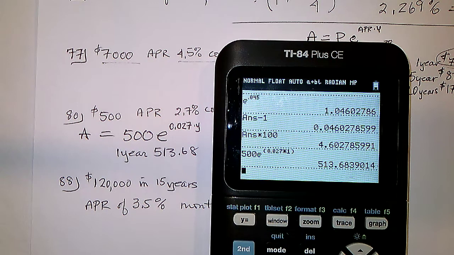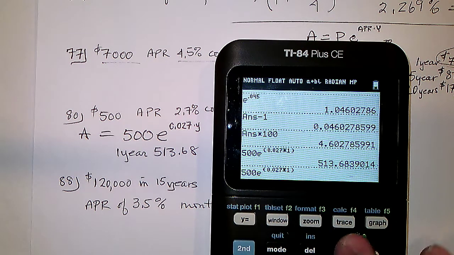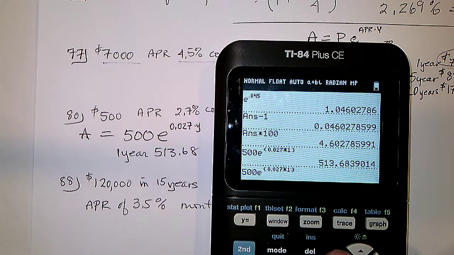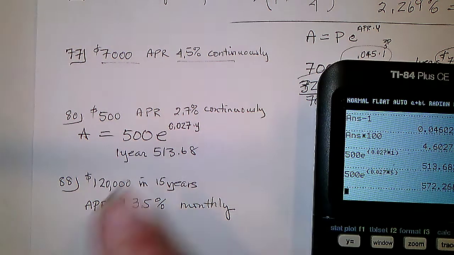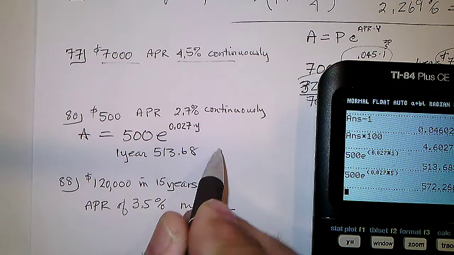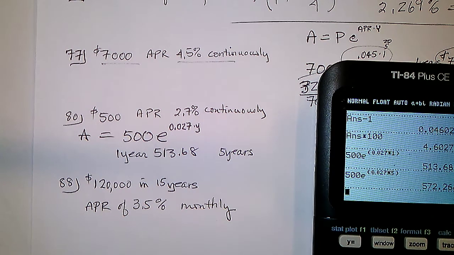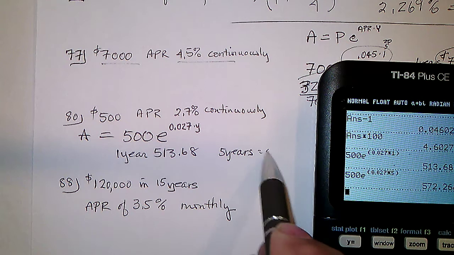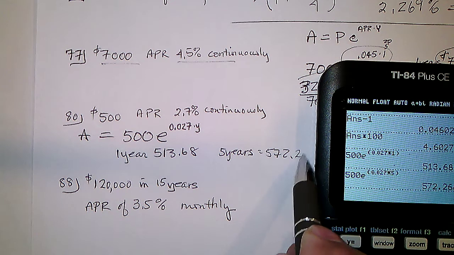For 5 years, second enter, go, oh, change that to 5. 572.27.